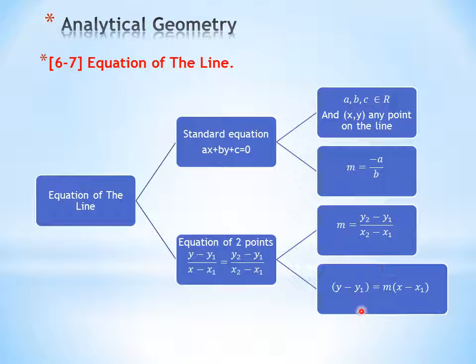Notice that x1 and y1 are just any point on the line, and we have m, the slope, so only x and y are unknown. So this leads us again to the standard equation. If we have 2 points, we use this formula. If we don't have 2 points, we go to the other formula and find the slope using negative a over b.